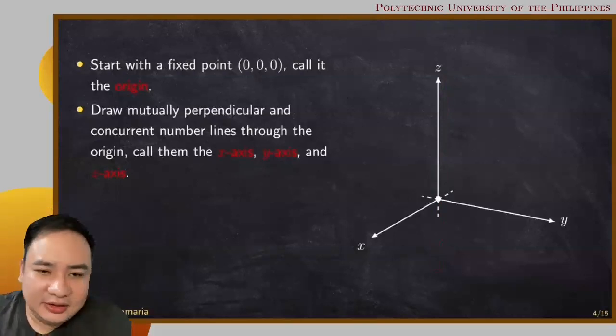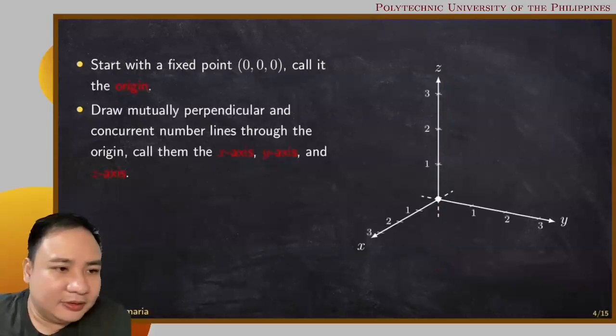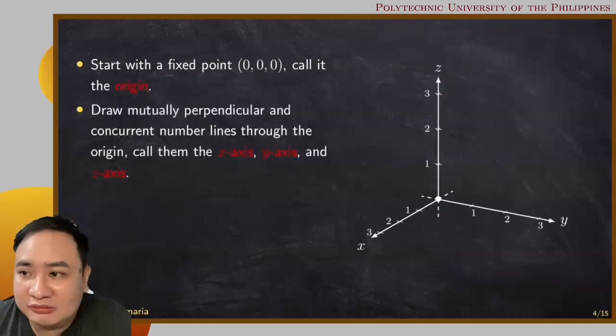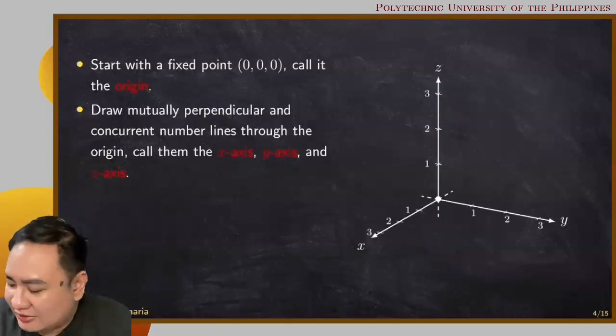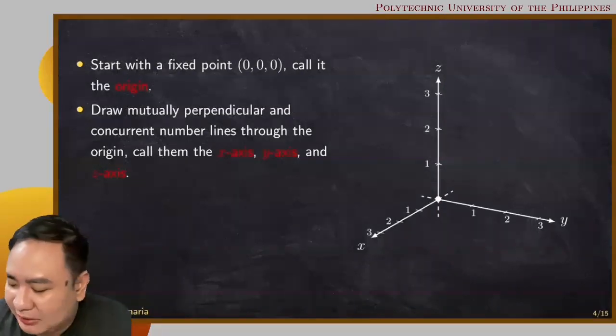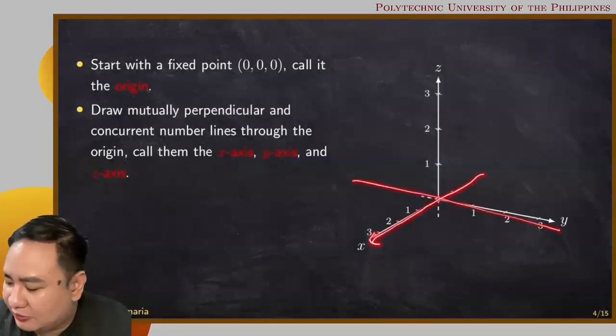Okay? And then, itong mga lines na ito are actually real number lines. So you can find any real number in the x-axis, the same real number in the y-axis, the same real number in the z-axis. So parang tatlong kopya ito ng mga real number line.